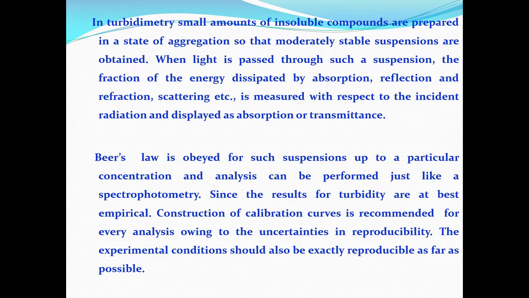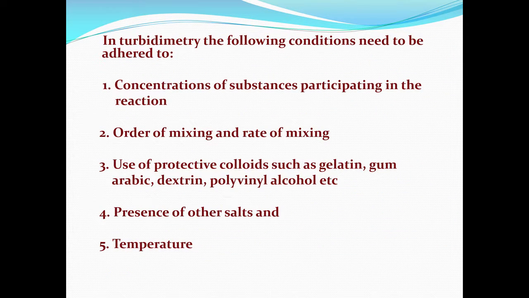So, the experimental conditions should also be exactly reproducible as far as possible. So, what are these absorbance conditions? In turbidimetry we need to follow conditions, something like concentration of substances participating in the reaction.